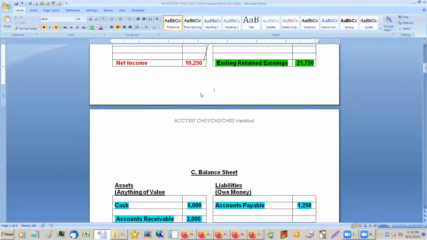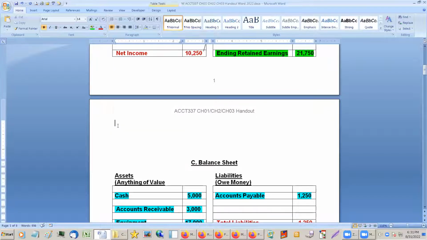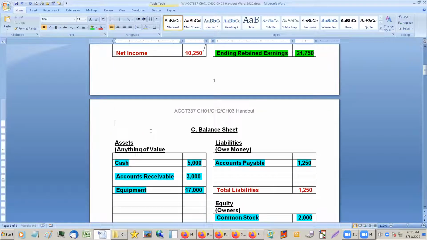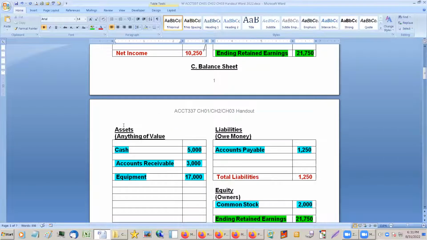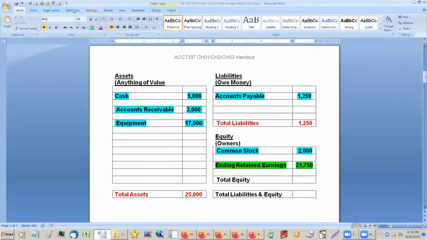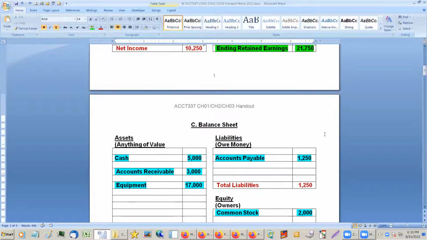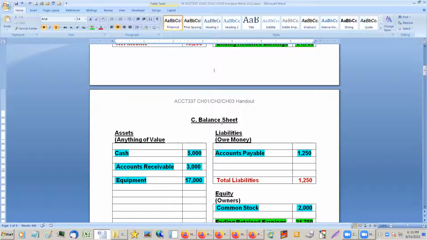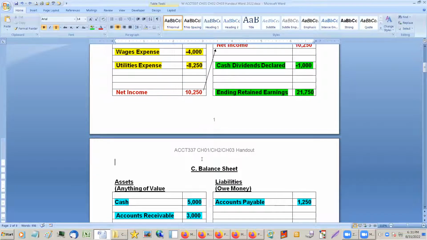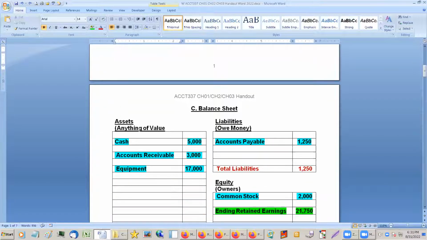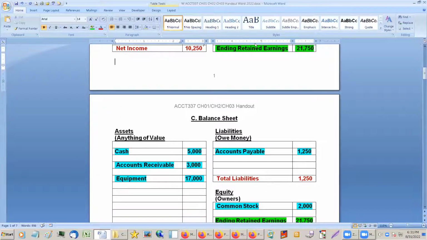At least getting closer. It's so close, tantalizingly close. Yay, we did it. So this retained earnings is the same retained earnings down here.